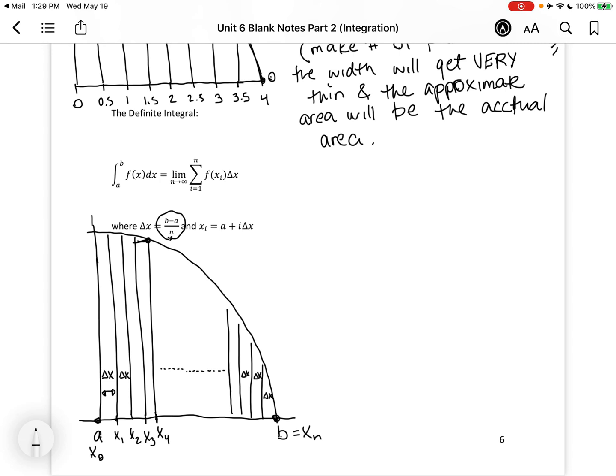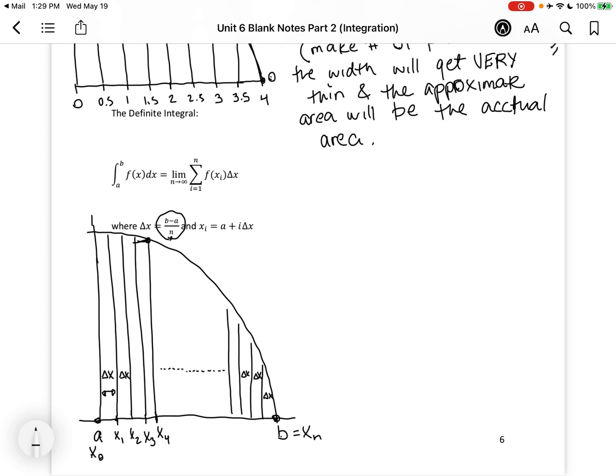Now the reason we have to sum them up is because we want the area. If we just look at one of them, that's just the area of one little tiny sliver. We want the area of the whole thing, so we have to add up all of the tiny slivers.